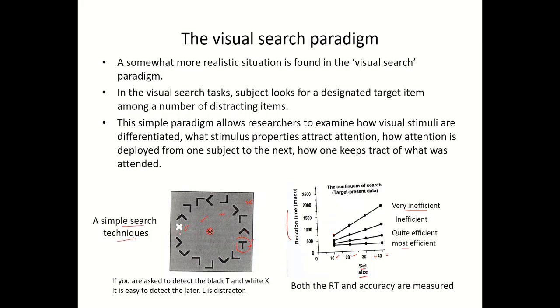In this task, the subject has to identify the white among black. It doesn't matter if you give 20 other objects or 40 or 50, it will take the same amount of time, right?